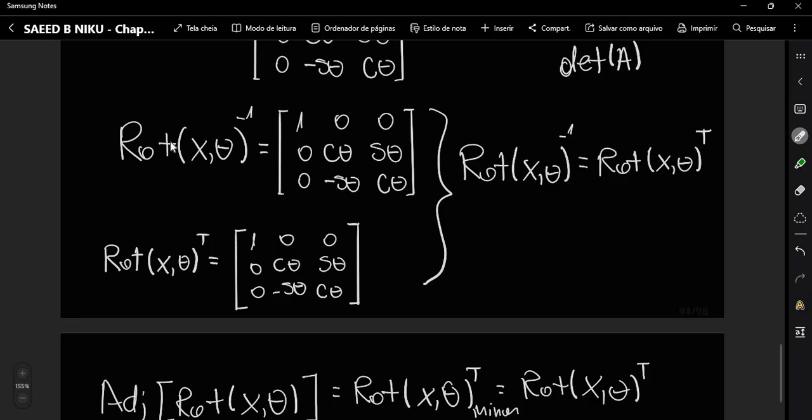The analogy is that a unitary matrix, which is a rotation matrix, is a matrix whose inverse we can calculate just by doing the transpose function.